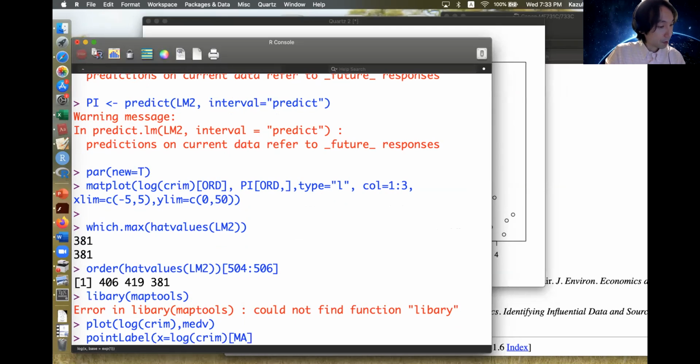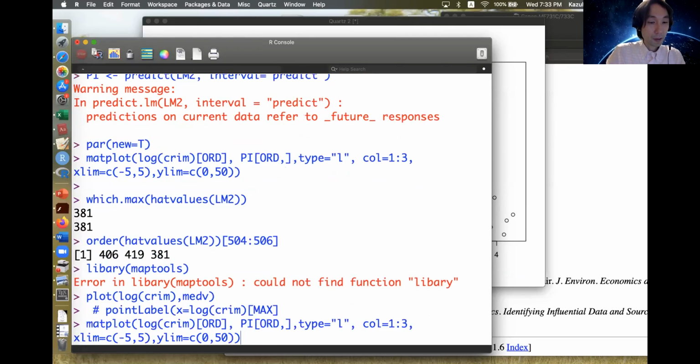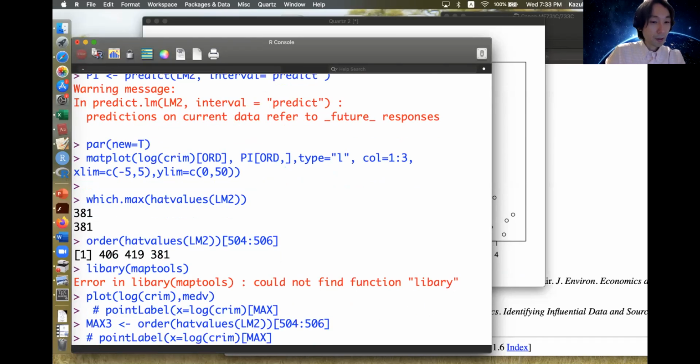And max, oh, sorry. So we get the 3 largest ones. So we name these 3 observations, maybe max 3. Then point level. So we want to see where these 3 observations are.